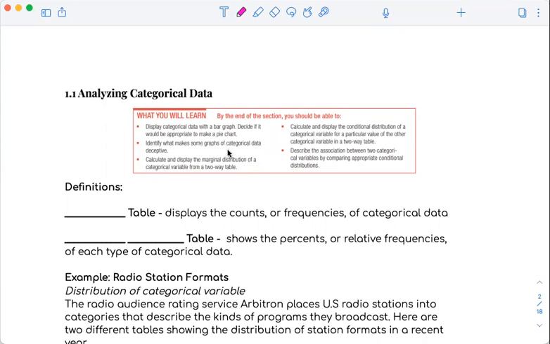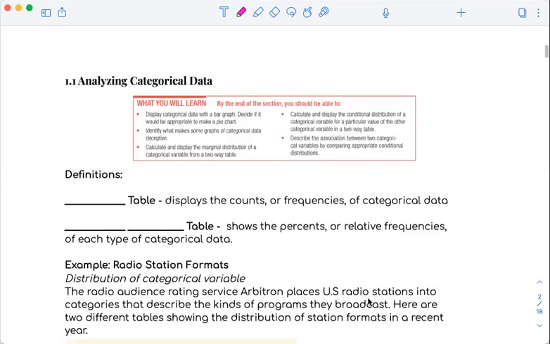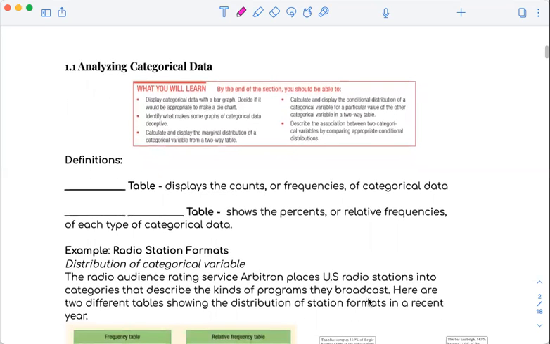Identify what makes some graphs of categorical data deceptive, and I'll let you read the rest of what we'll be able to do. So some definitions, the first being a frequency table. A frequency table displays the counts or frequencies of categorical data.